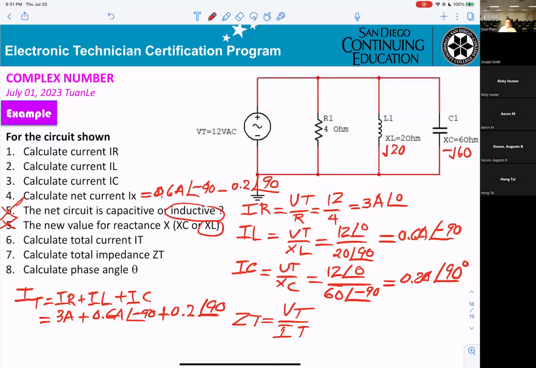Okay, for the test, we will be doing our own way, not using complex numbers.